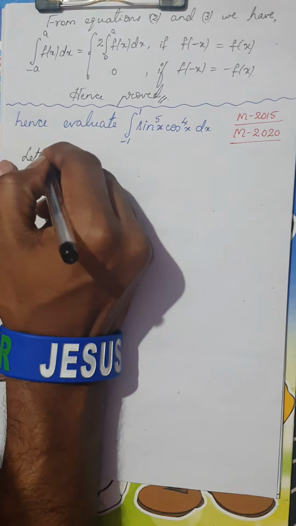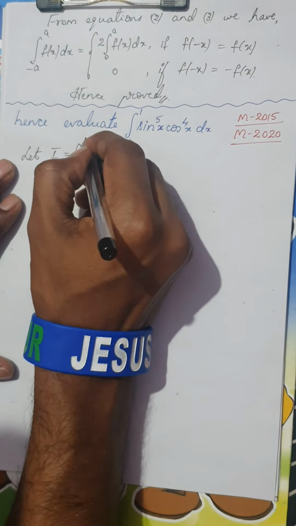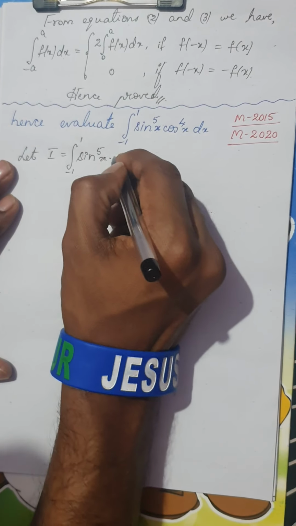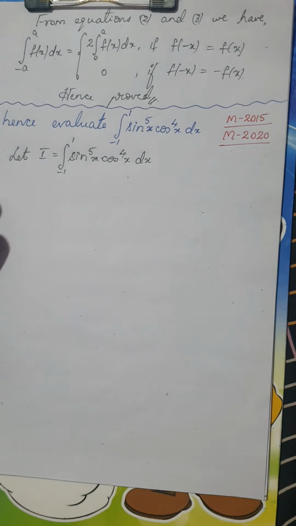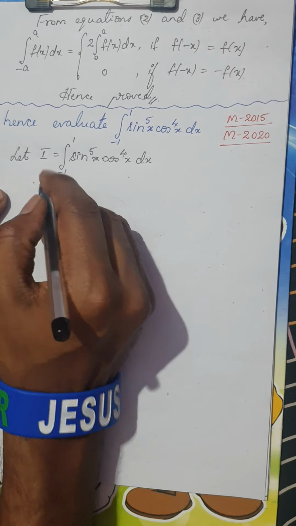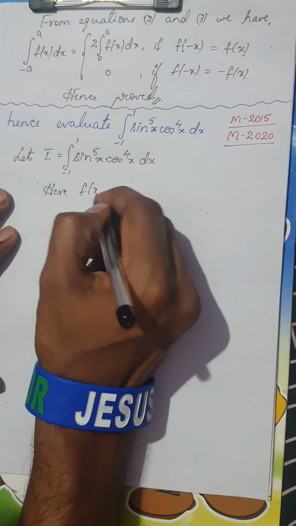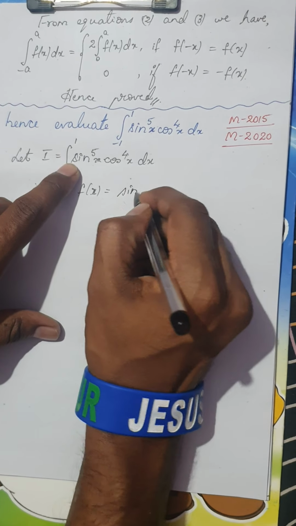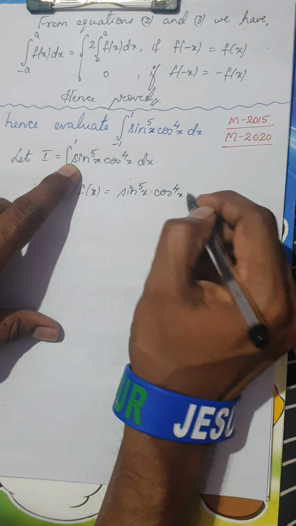Let me take I as the given integral, which is the integral from -1 to 1 of sin^5 x cos^4 x dx. Here, what is f of x? The given function is sin^5 x into cos^4 x.